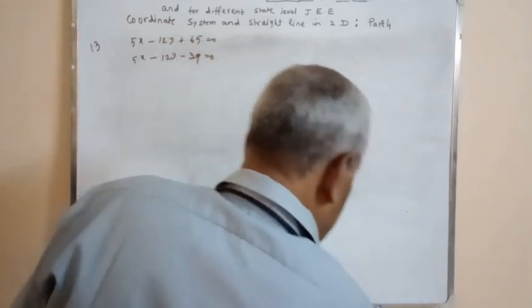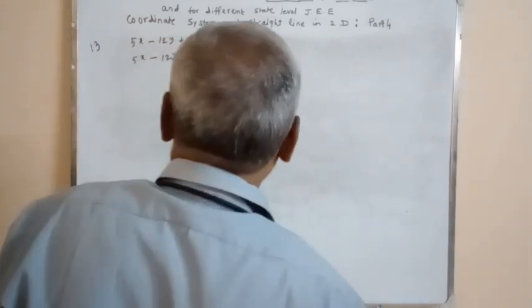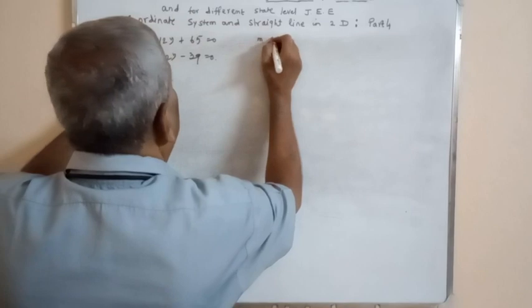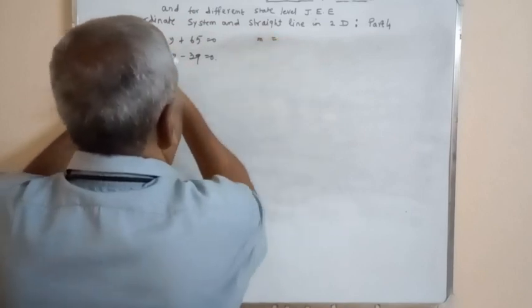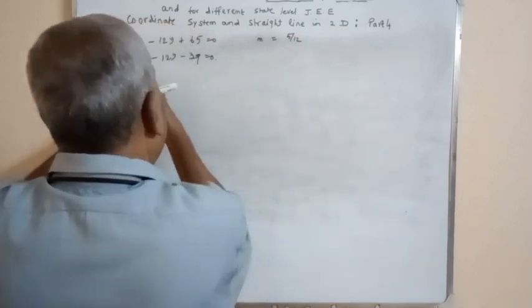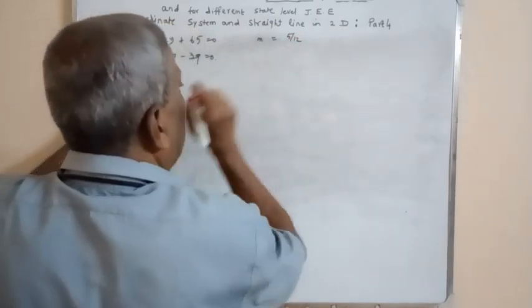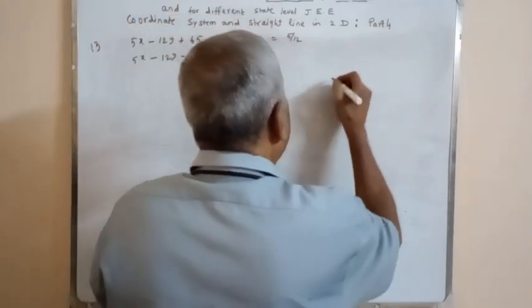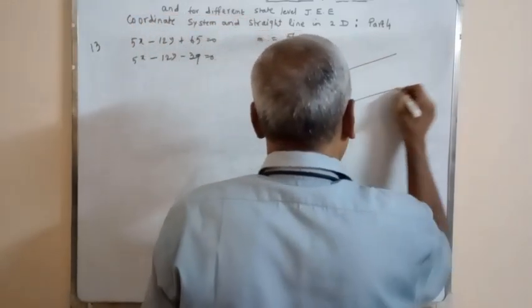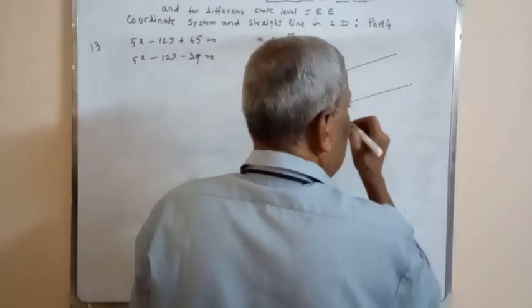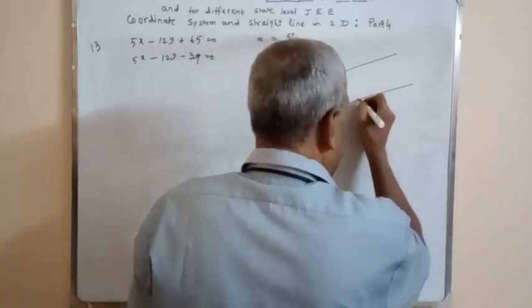You see, these two are parallel straight lines because the gradient is equal to 5 by 12. Its gradient is also 5 by 12. So they are parallel. And for any two parallel straight lines, to find the perpendicular distance, it is wise to take any point on it.